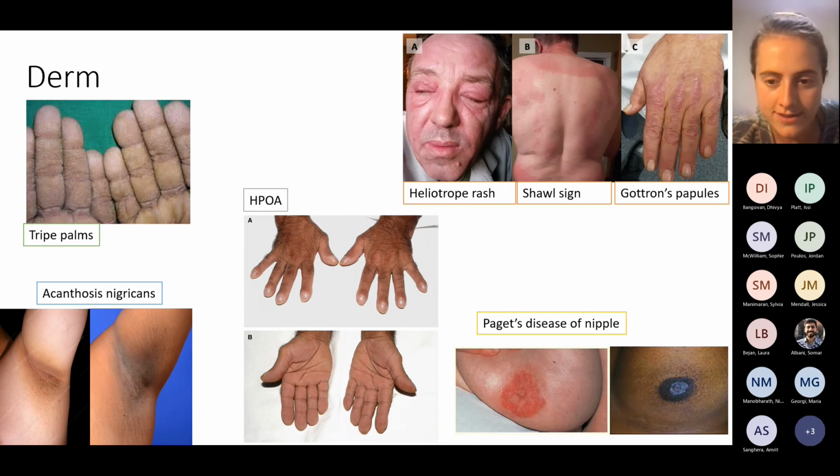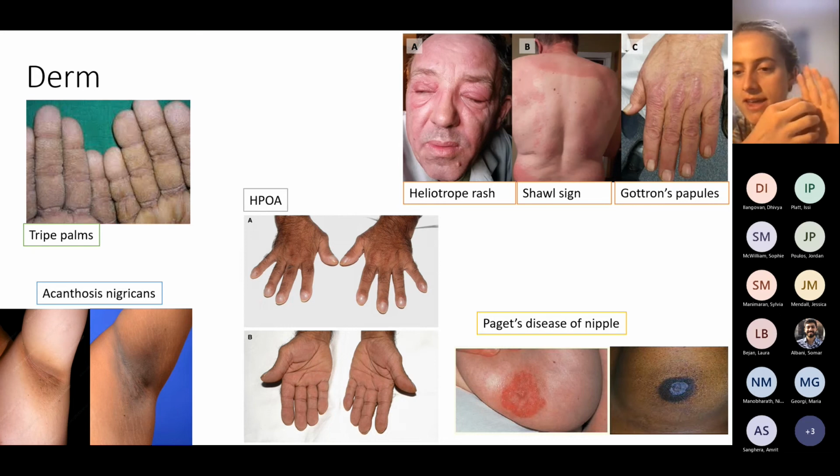Cool. So I think I'll skip the next slide, because the next one is just on derm things. It's more like a spot diagnosis, or maybe we can go through it. Okay, someone has lots of creases on their palms, like they've just come out of a bath, but it's constant and they're quite thick, quite velvety, you might say. Does anyone know what that's a sign for?